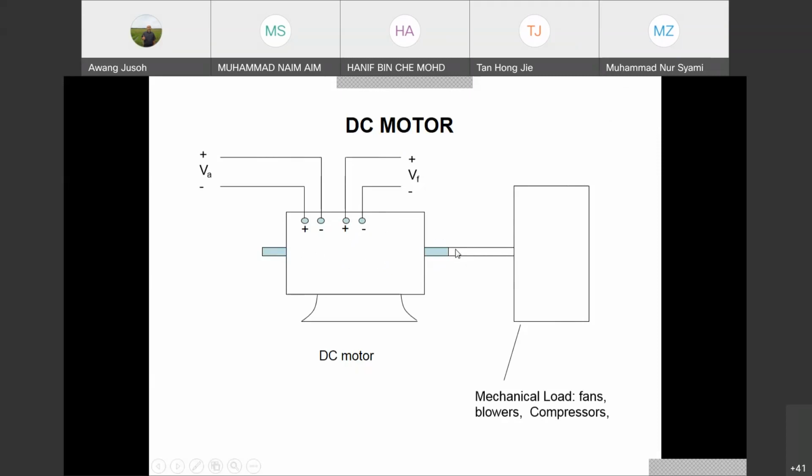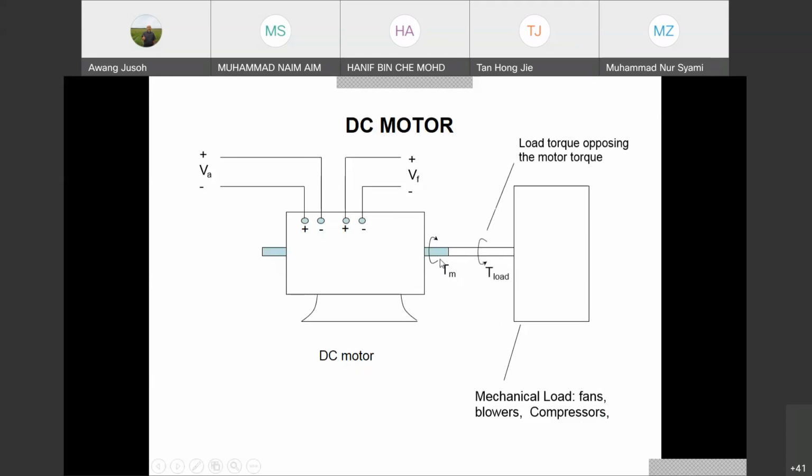So here I just show you how the motor works. When you apply the voltage and current, it produces motor torque. The motor torque connects through the shaft to the mechanical load, for example fans, blowers, compressors and so on, by direct coupling or through a gear, depending on the application.